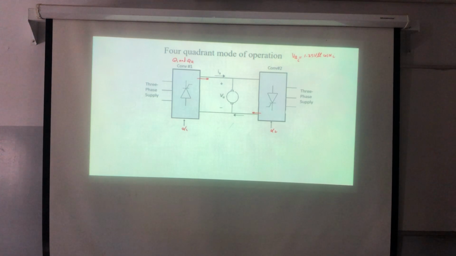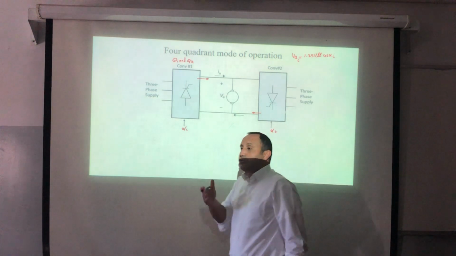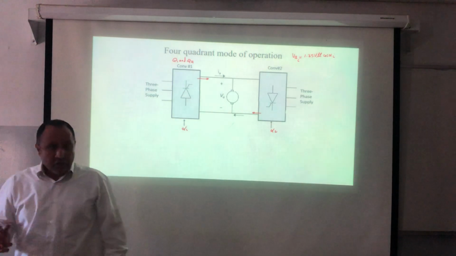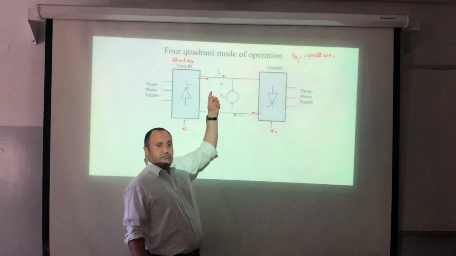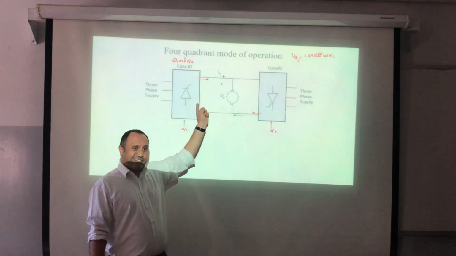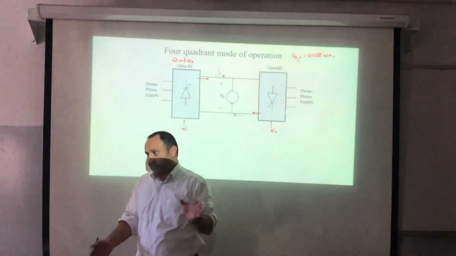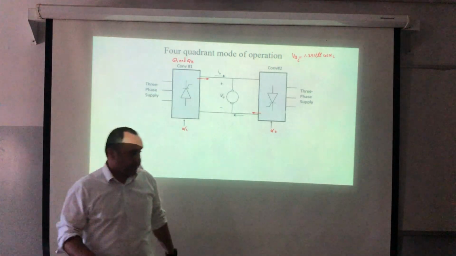Because the voltage can be positive or negative, but the current is positive. Now, in general, if I need to say anything about positive or negative, I need to fix my reference. So all the time, this is the positive sense: positive for this converter, negative for the second converter. If I change the reference, I cannot say anything.